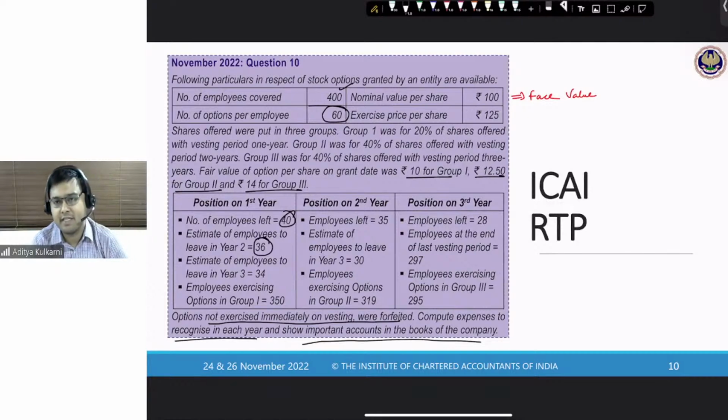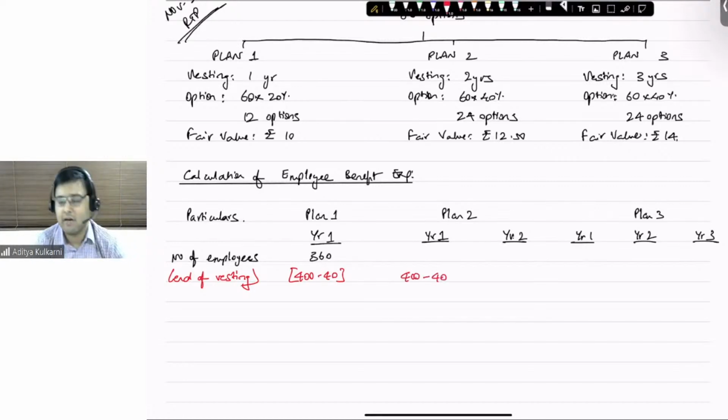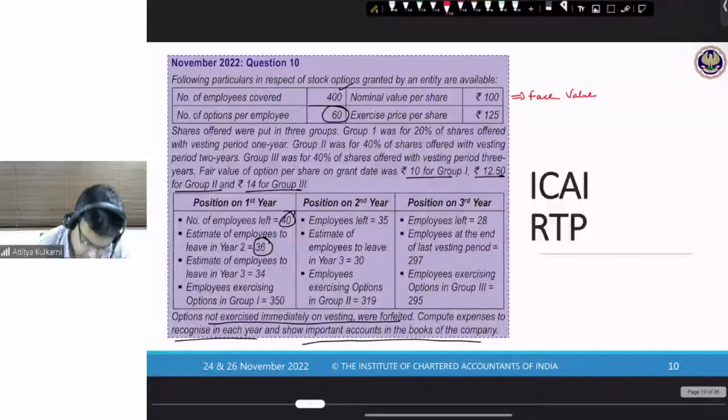So in the first year, when you are doing the accounting, it will be based on estimates in year 2 and 3. So here this is going to be 400 minus 40. This will actually happen at the end of year 1. Or what I can do is, to avoid confusion, this is exactly this 360. Minus, in year 2, you are expecting how many to leave?